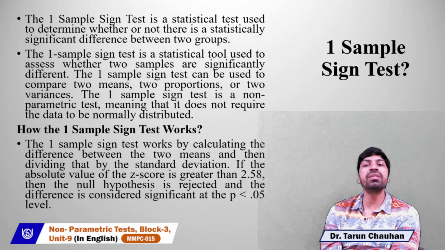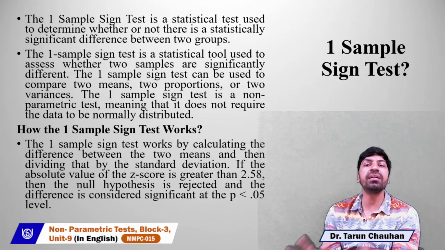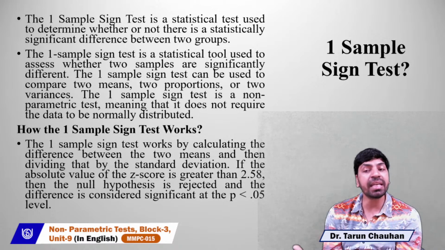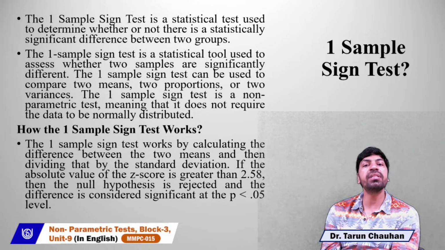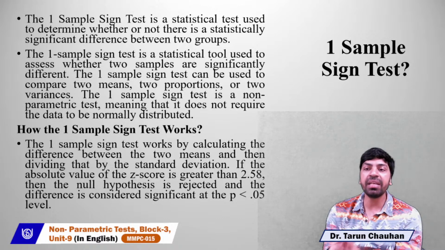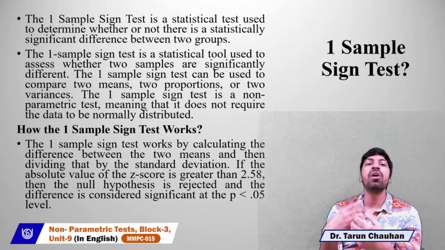The first one is the one sample sign test. The one sample sign test is a statistical test which is mainly used to determine whether there are any statistically significant differences between two groups or not.